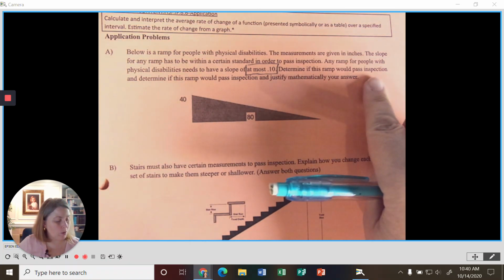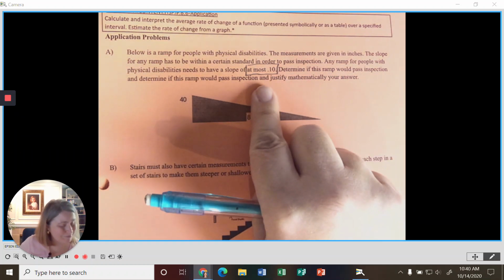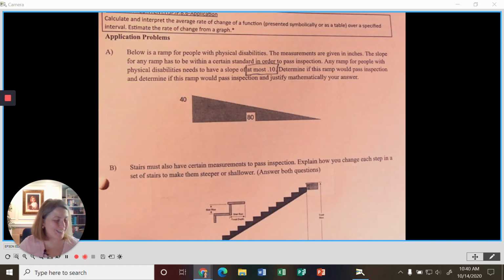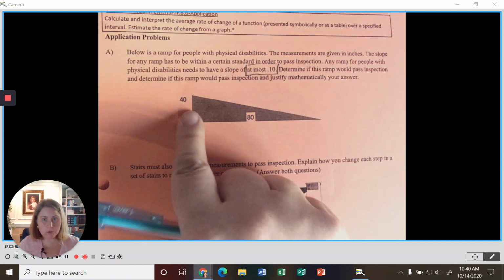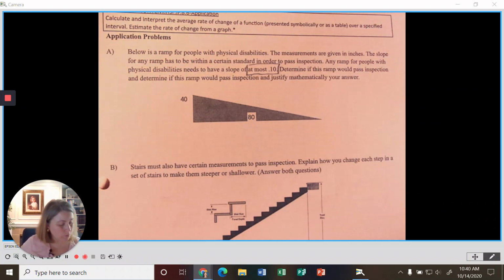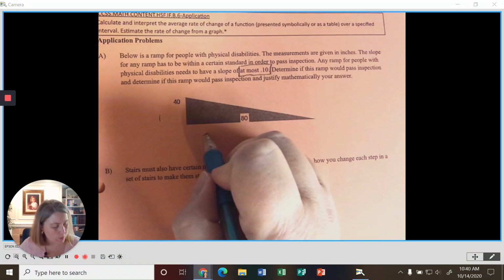Determine if this ramp would pass inspection and justify mathematically your answer. Okay, we got that in there twice. So we look at this and we see 40 over 80. Hopefully when you see 40 over 80, you see a 1 to 2 ratio.